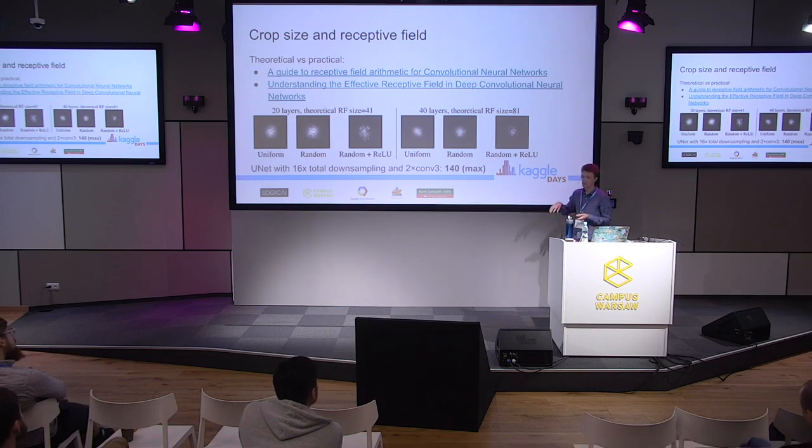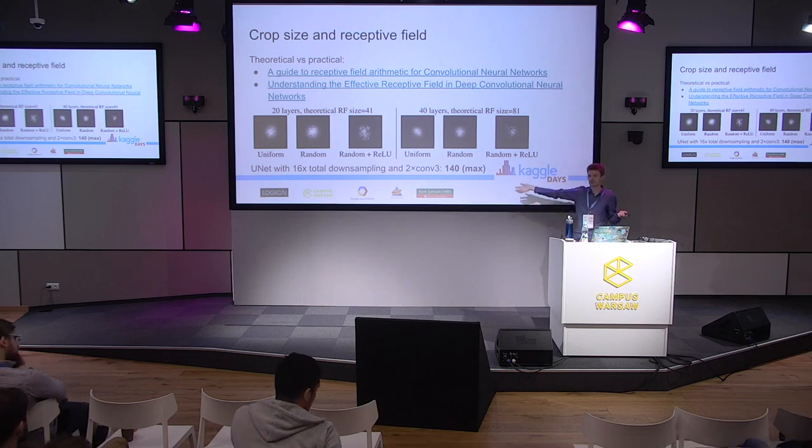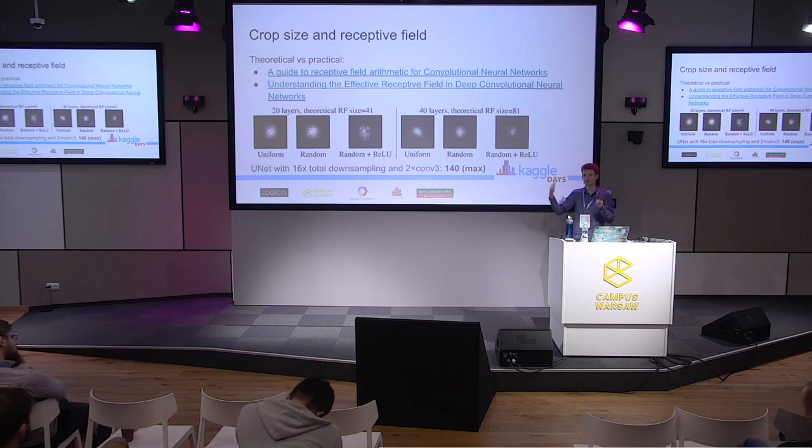If we have some image and we want the class of this pixel to depend on some overall scene context, then this receptive field helps us to do this. But if the class of the pixel must depend on a pixel really far apart, then we have a problem. We have to solve it either with a deeper network or with downsampling of the initial data. So that's a tricky thing.